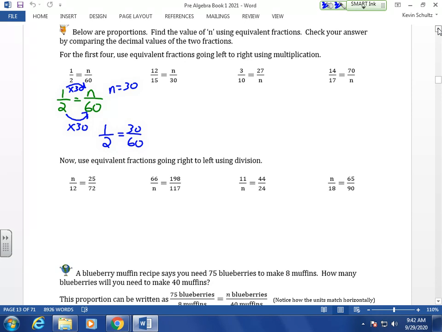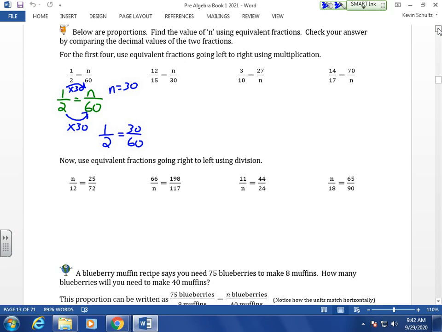Ifan. 0.5. What's the decimal value of 30 divided by 60? Anyone care to take a guess? Jacob? 0.5. Okay? We know that this is a true proportion because those two fractions have equivalent decimal values.